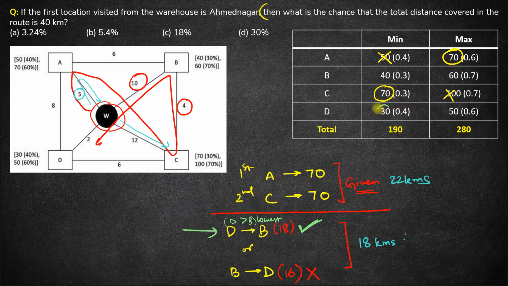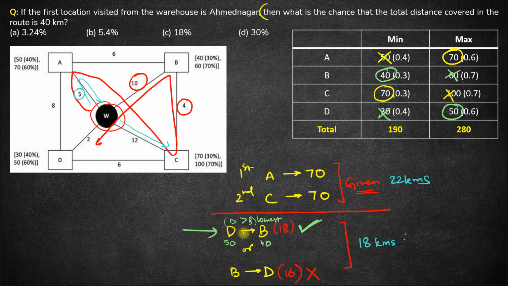So if demand at D is 30, 30 cannot be greater than either 40 or 60. So demand at D cannot be 30 because D's demand has to be greater than B. So D's demand has to be 50. And if now 50 has to be greater than B's demand, B cannot be 60, it has to be 40 only, right?